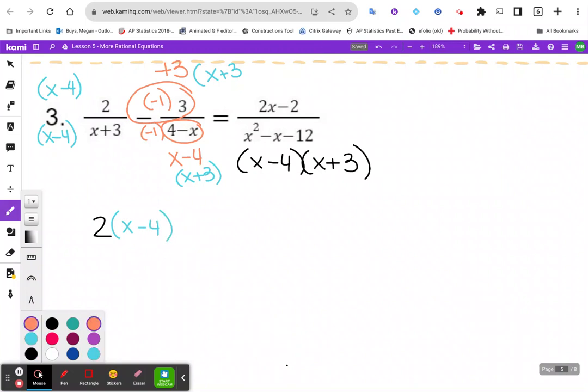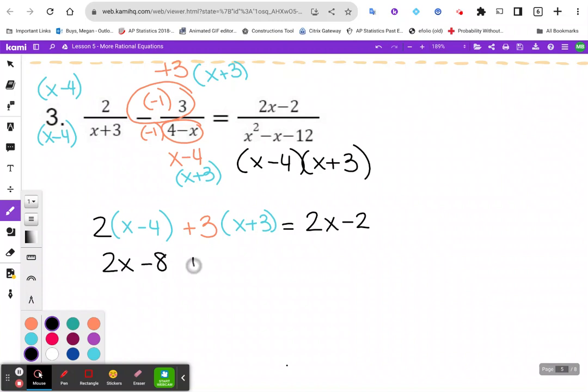I did that double negative to make a +3, and we're going to times it by the x plus 3. And we're going to keep it equal to 2x minus 2. As long as your denominators match, like I have x minus 4 and x plus 3 in each of those three, I don't need it at the moment.